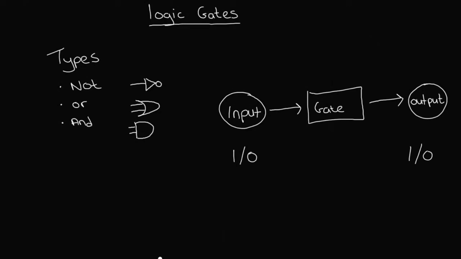So we could use a NOT gate and an OR gate and an AND gate and maybe another OR gate, or a simpler example might be us just using a NOT gate and an OR gate. What this allows us to produce is a switch, or some people call it a flip-flop. Basically, it allows us to change our bits, it allows us to flip our bits.